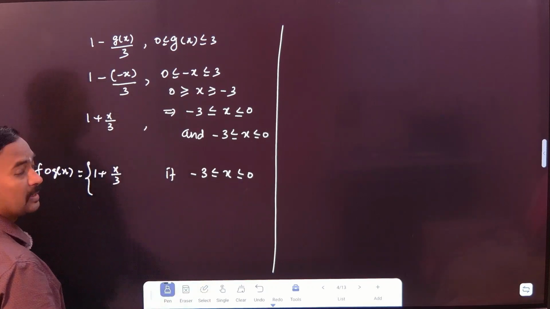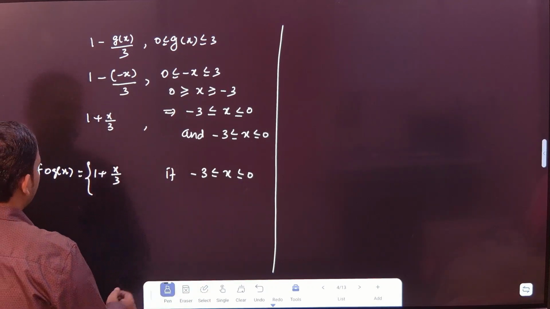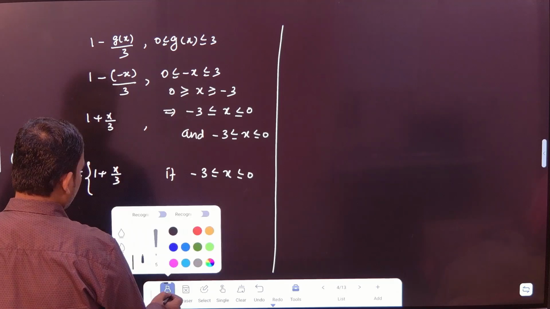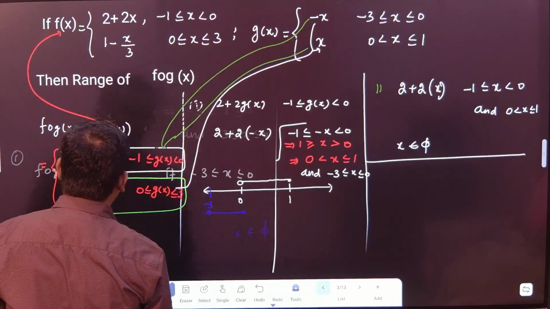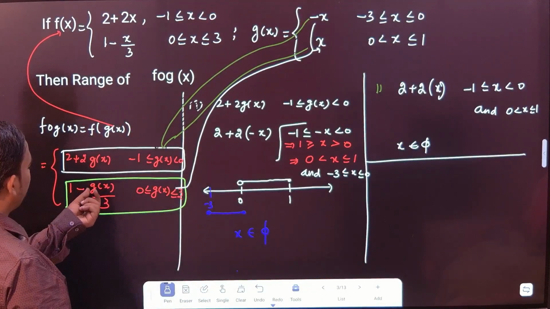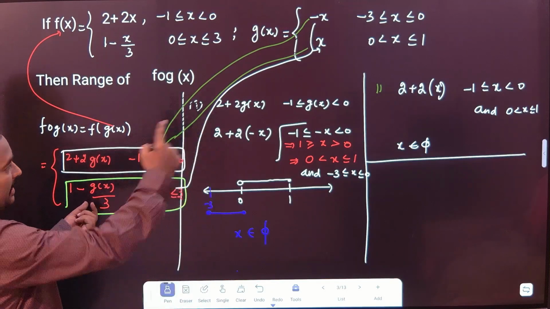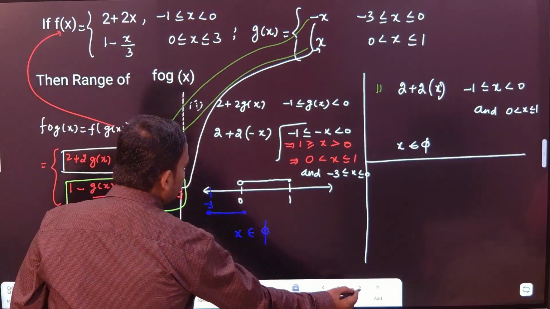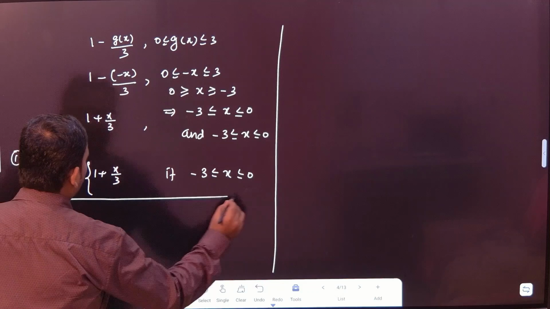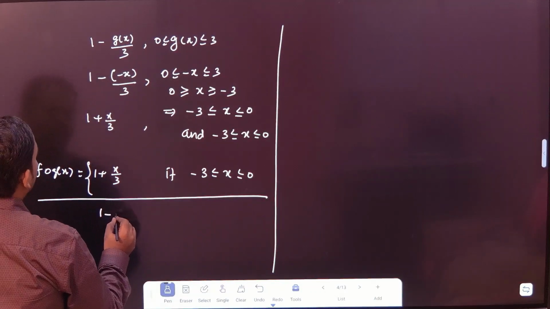Okay. Next you can see the next function is what? So the next function, 1 minus g of x by 3, you can apply x here. What is g of x here?